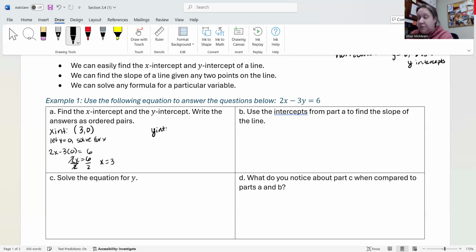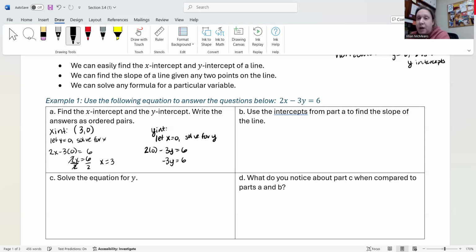Now let's do the same thing, but this time for the y-intercept. The way we find the y-intercept is we let x equal 0 and then solve for y. So I'm going to take 2 times 0, subtract 3y, and that equals 6. Well, 2 times 0 is just 0, and 0 minus 3y is negative 3y.